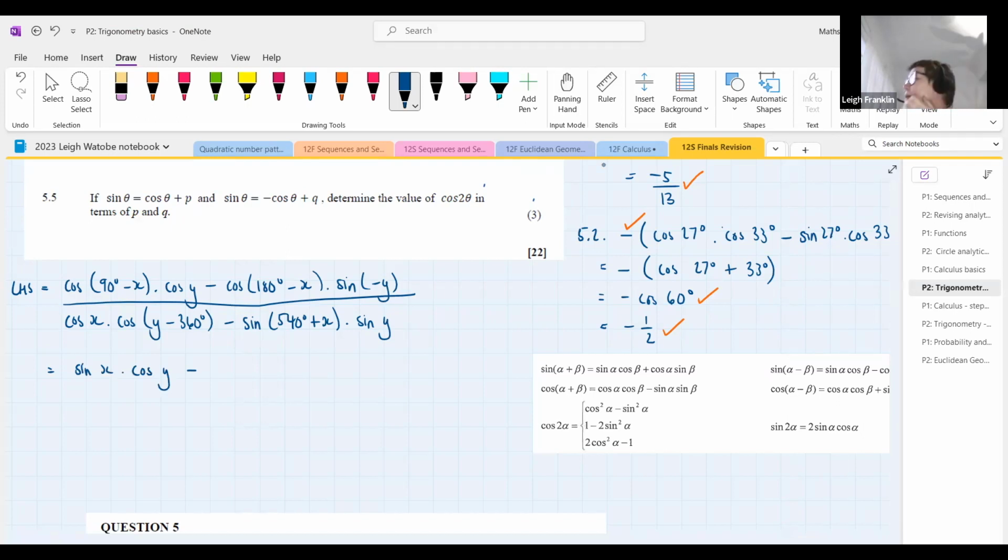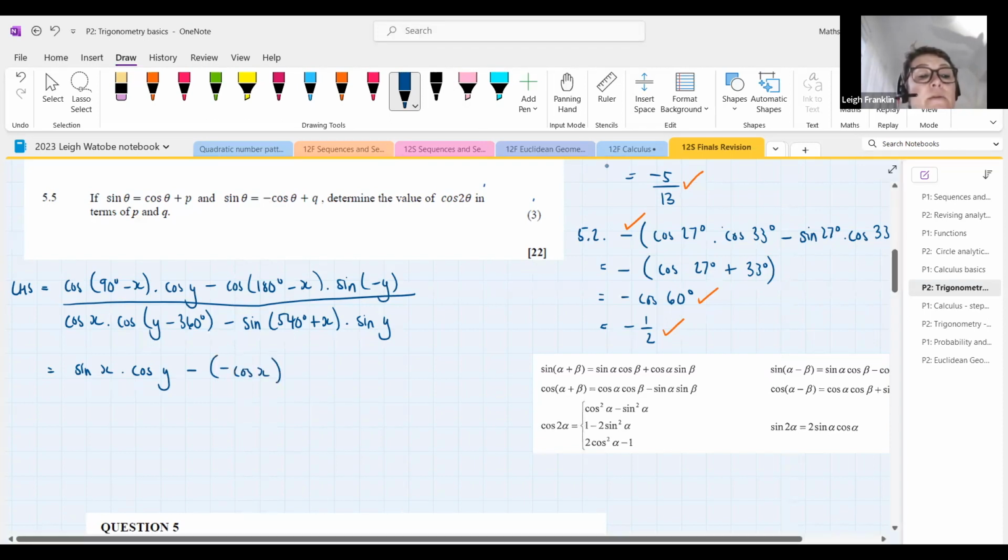What's cos 180 minus x equal to? Yes, indeed. So that would be equal to negative cos x. I'm just going to put that in brackets.